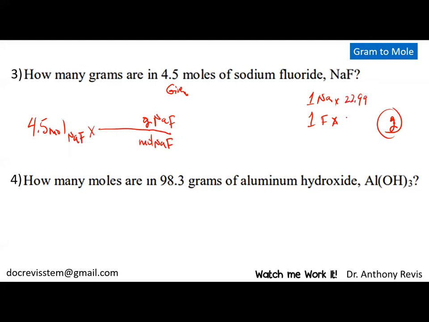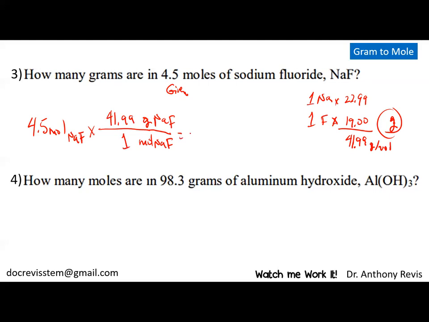But that's okay, I have it now. And this is going to be 19, about 19, yeah, 19.00. And when I add these together, I get 41.99 gram per mole for this. So this is 41.99 grams for every 1 mole.